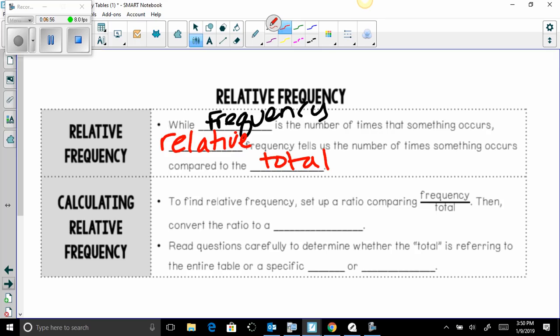Calculating the relative frequency: to find the relative frequency, set up the ratio of the frequency over the total. Then convert the ratio to a percent. Read questions carefully to determine whether the total is referring to the entire table or a specific row or column.